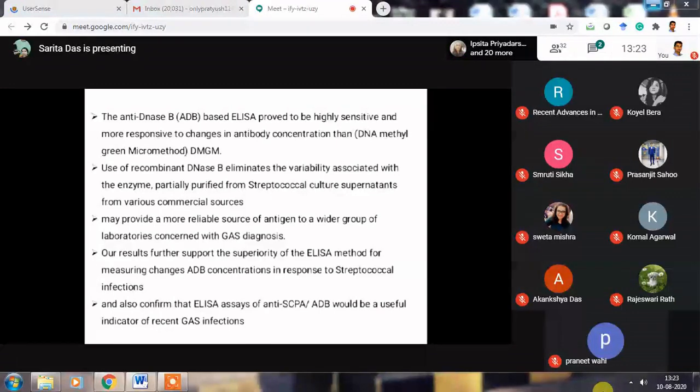And use of recombinant DNase B also eliminates the variability associated with the enzyme and purified streptococcal supernatant cultures from various commercial sources. So this also confirms that ELISA assays of anti-SCPA and ADB, anti-DNase B, would be useful indicators of recent group A strep infection.